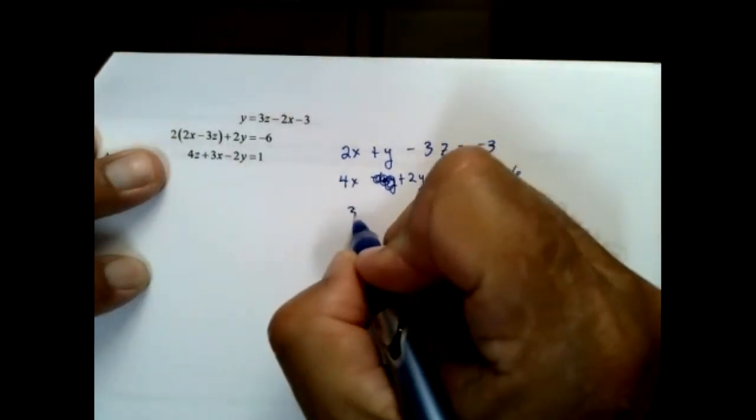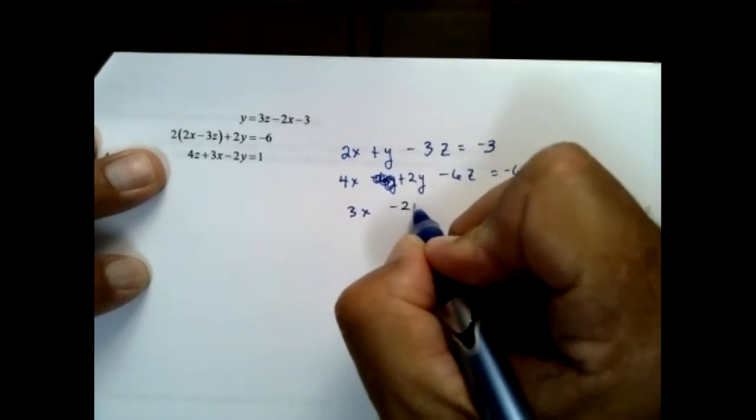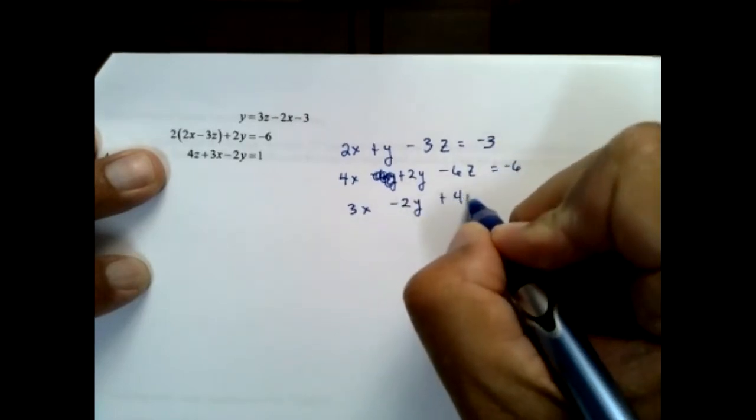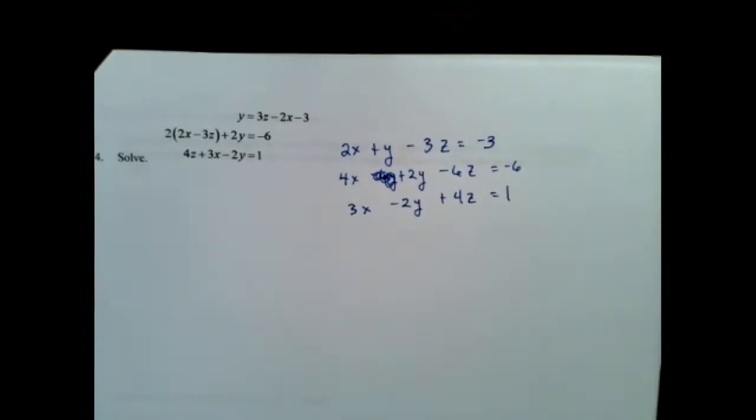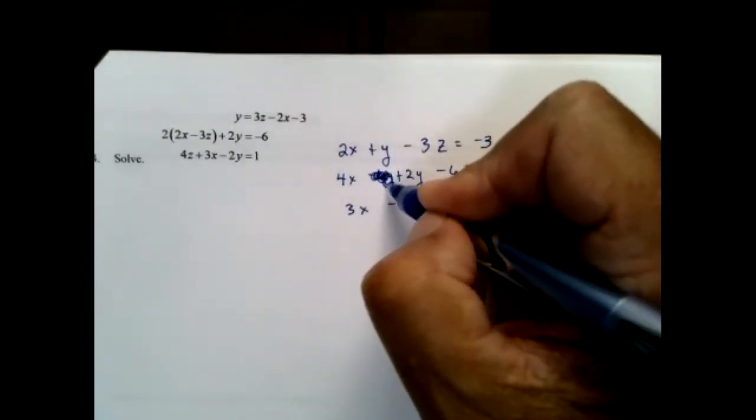And then the third one is 3x minus 2y plus 4z equals 1. Get it into something that's really nice to work with and go from there. And if we have time later, we can come back and do this.